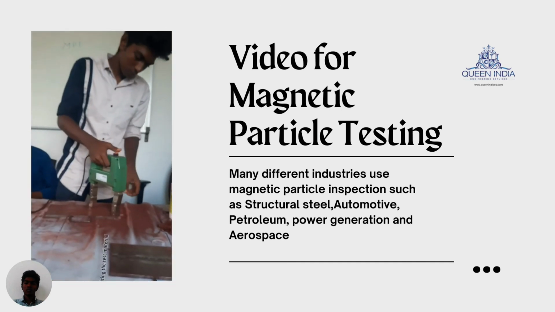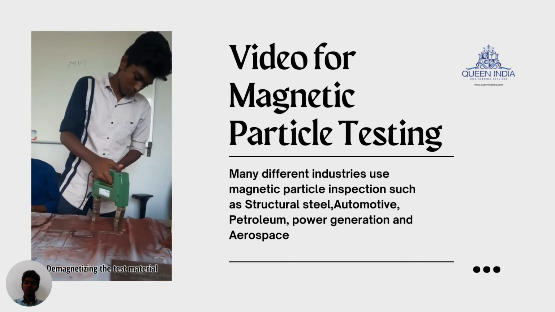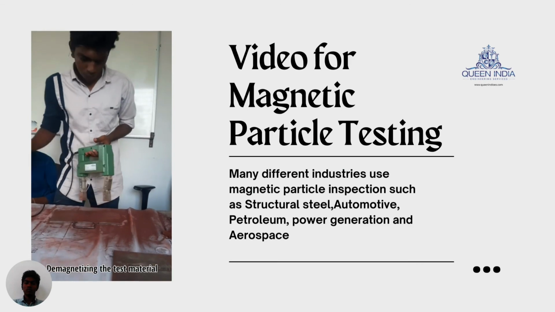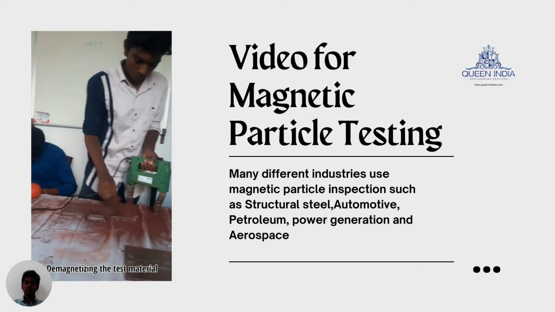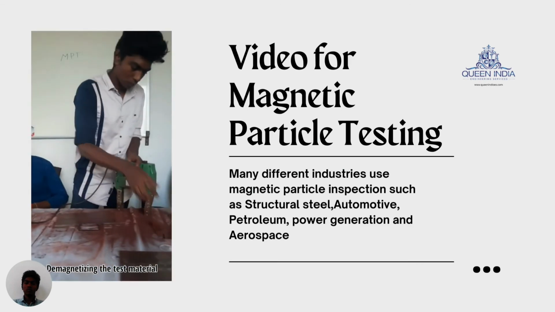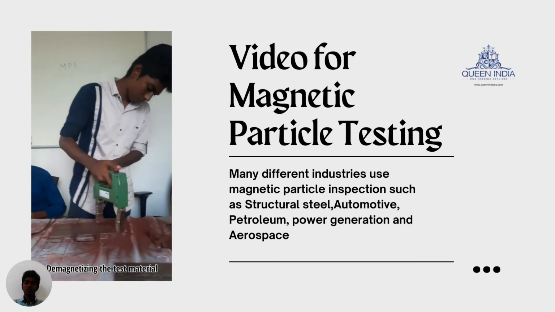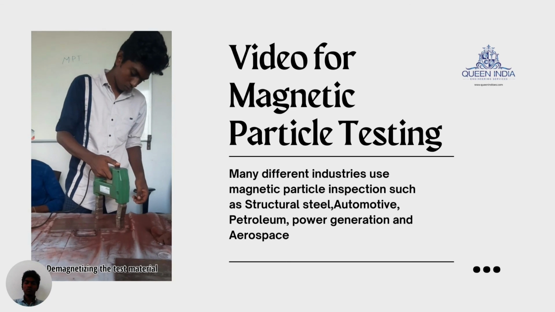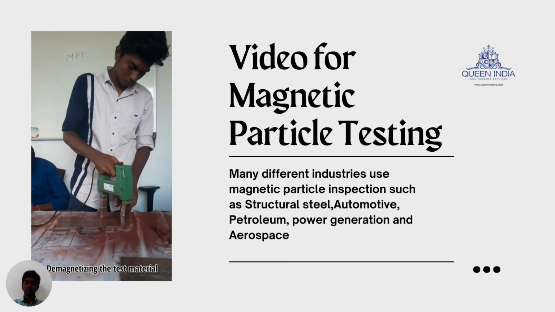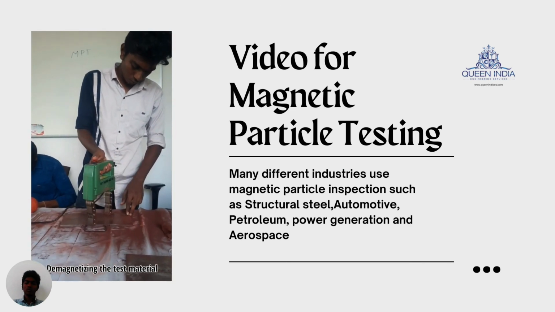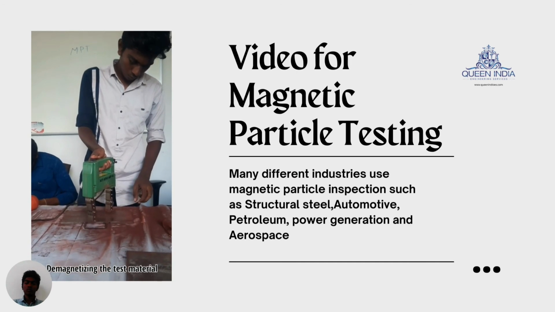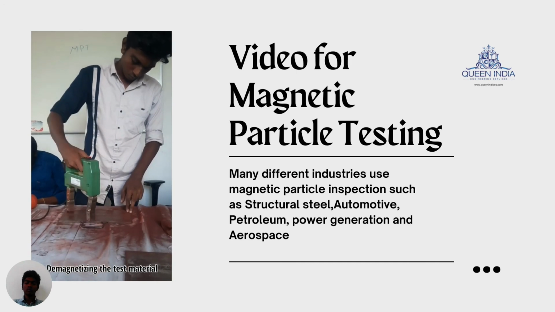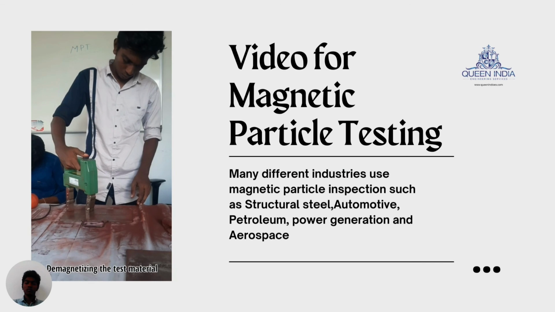So after the detection of flaws, the test material has to be demagnetized by passing alternating current from the yoke. Then we have to check whether the test material is completely demagnetized.